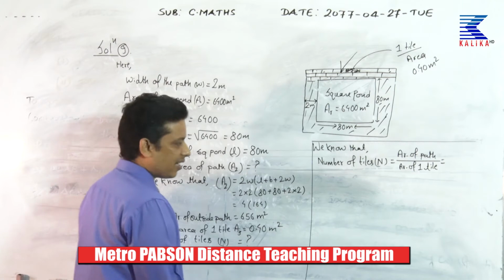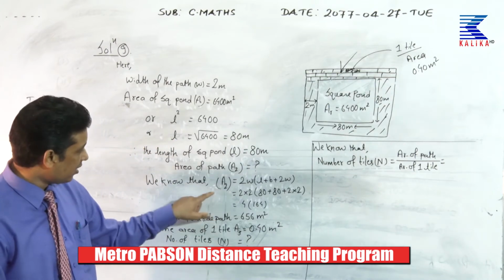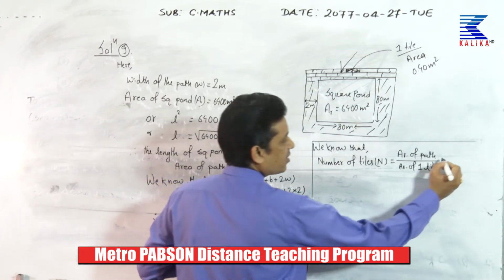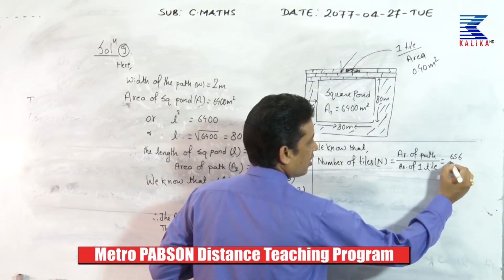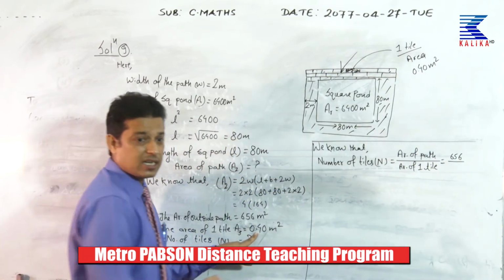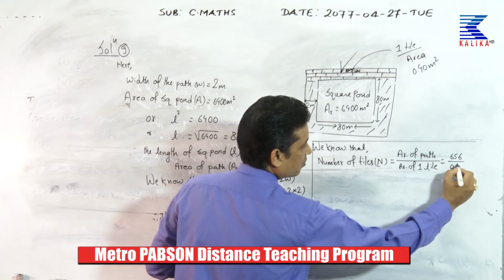So, what is the area of path? Area of path A2, the area of outside path, is 656 over the area of one tile, it is given in the question, it is 0.40.